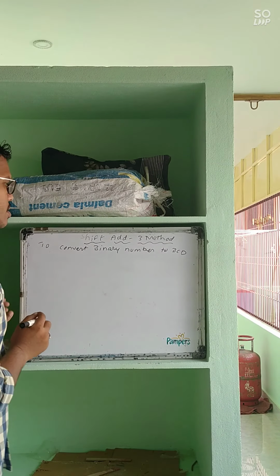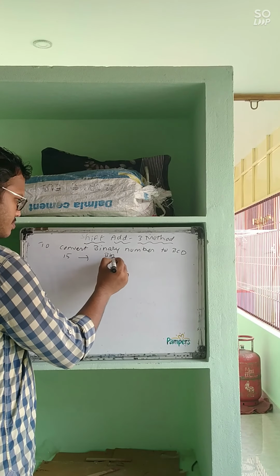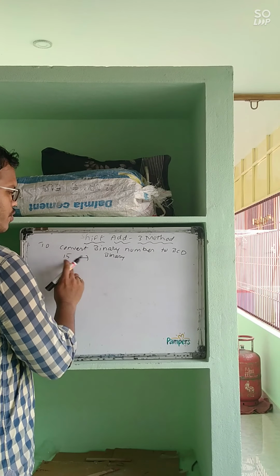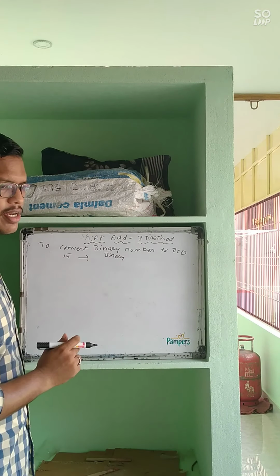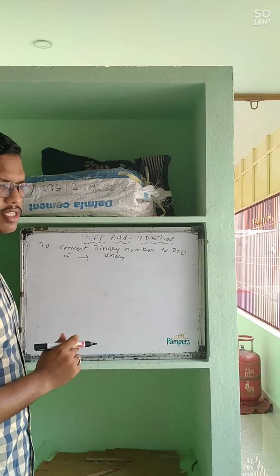So if we have 15 as our decimal number, to convert it into a binary number, what is the equivalent binary number of the decimal number? 1111.